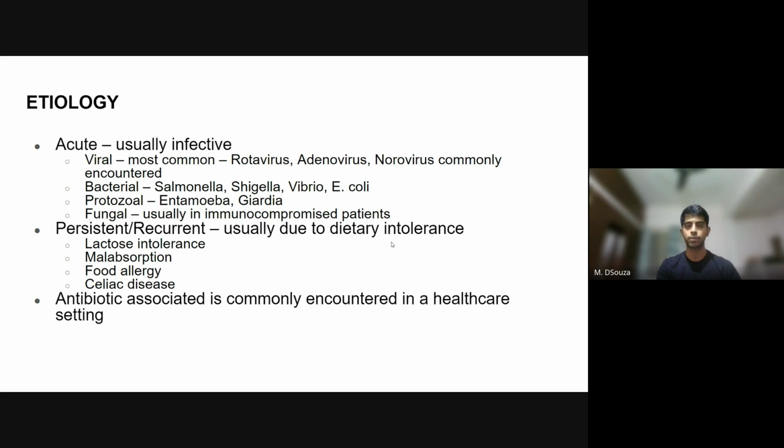So one thing that you will commonly encounter during bond is when the child has had acute GE, they would have gone to a local practitioner. They would have started them on antibiotics, and as point number 3 over here says, antibiotics tend to worsen the gastroenteritis.